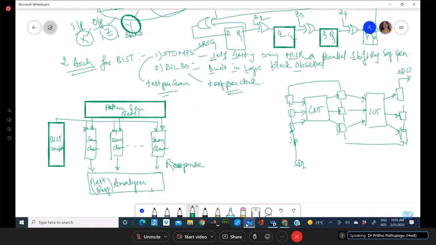Now here, the way we perform this is by first scanning the patterns from the test pattern generator. Scanning first the test patterns. Normally here we can use a linear feedback shift register setup to generate the signature. You put or dump these test patterns onto the scan chain, that means onto all the scan chains you will be dumping the pattern. Now, using the BIST controller, switch over to a normal operation.